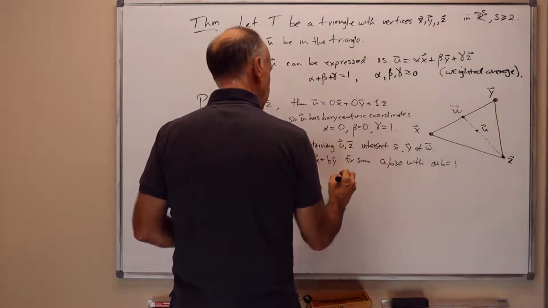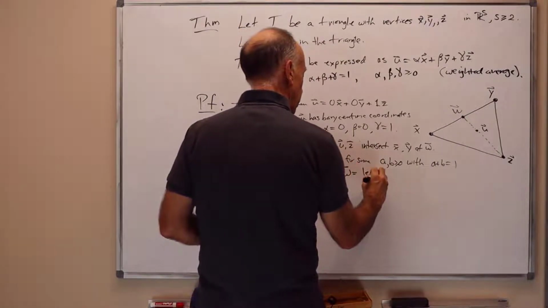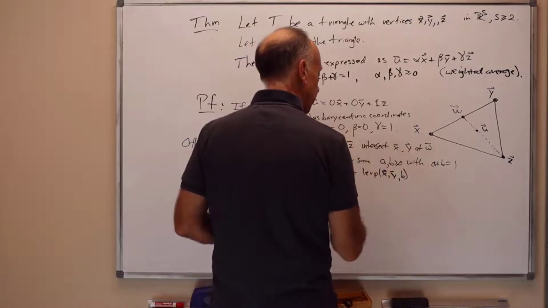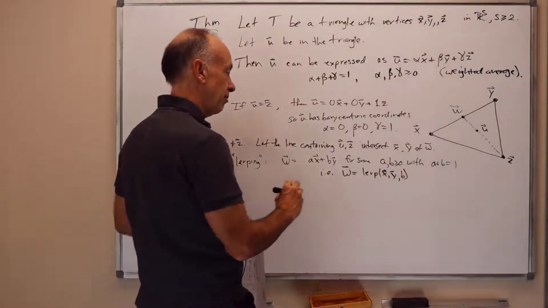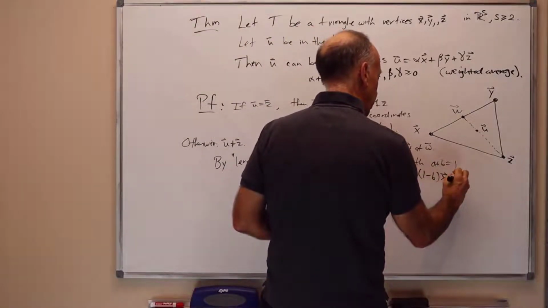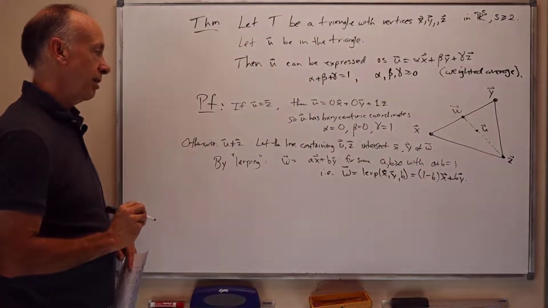And that follows by the fact that W is lerp from x to y by factor b for some number b in the range 0, 1. And remember, that's the same as 1 minus b x plus b y. So we have a equals 1 minus b, in other words, here.